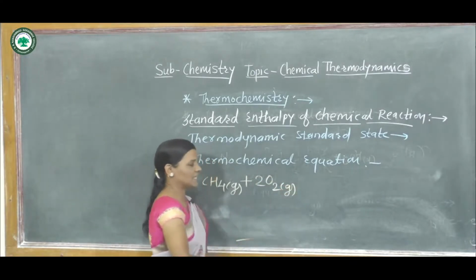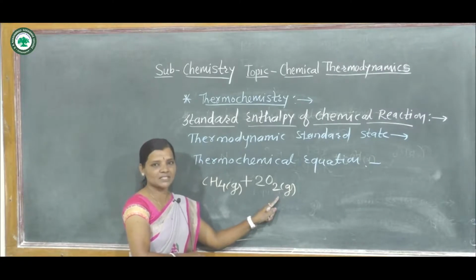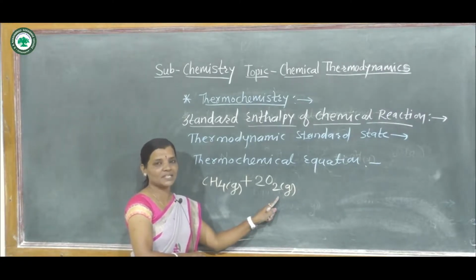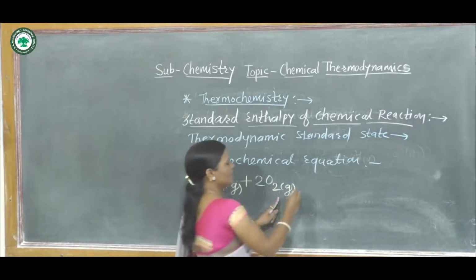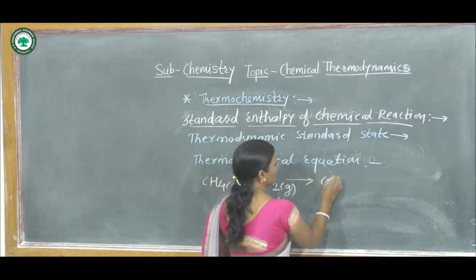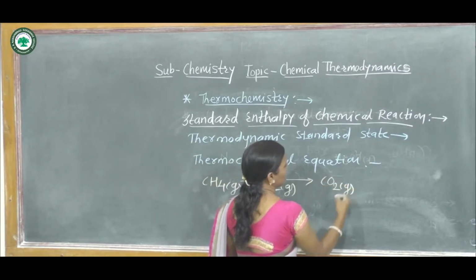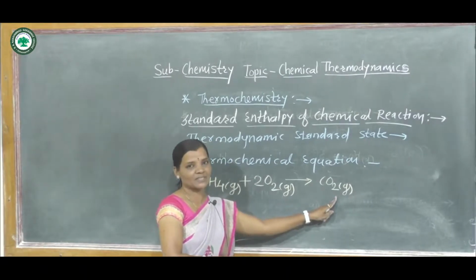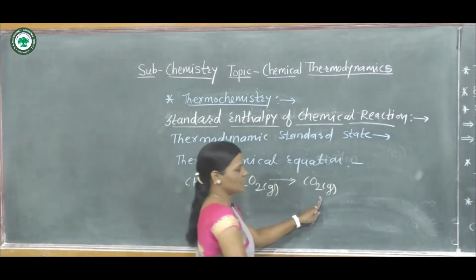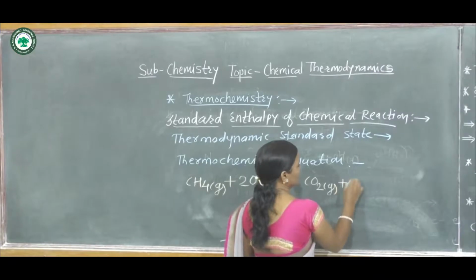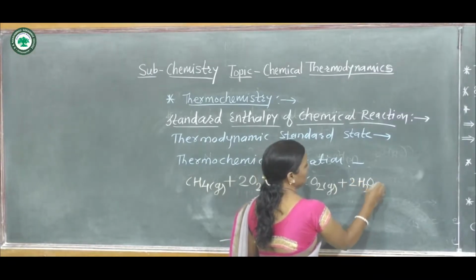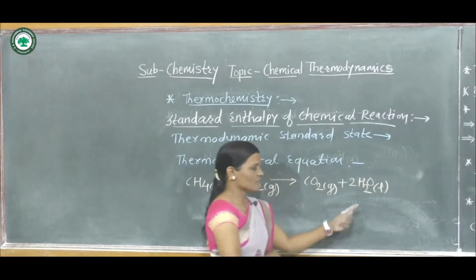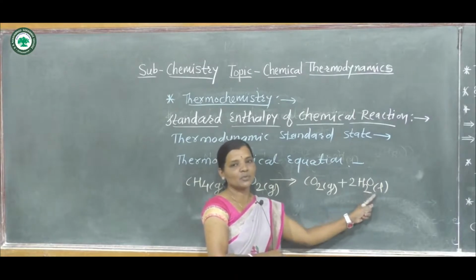Oxygen is present in its standard gaseous state, so suffix G is written to O2. After combustion we get carbon dioxide, also in gaseous state, so G is written, and the second product, water, is liquid, so L is written as suffix to water.